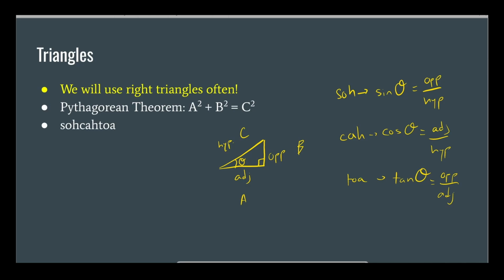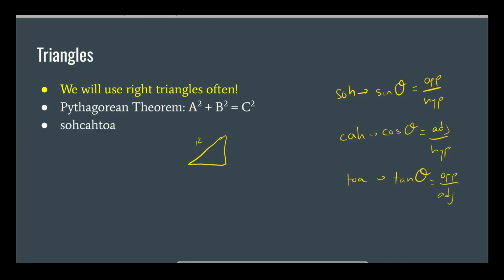And maybe we can do a few examples here. So let me erase some things here, and we will do an example. Let's say we have a triangle, and let's say we know that this is 12.